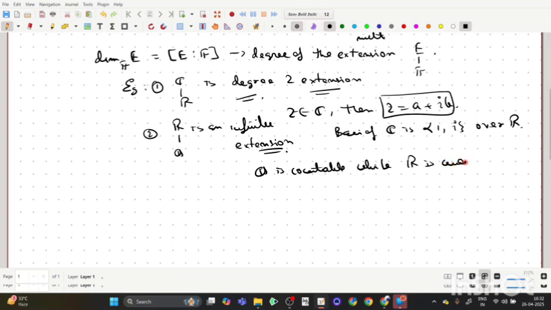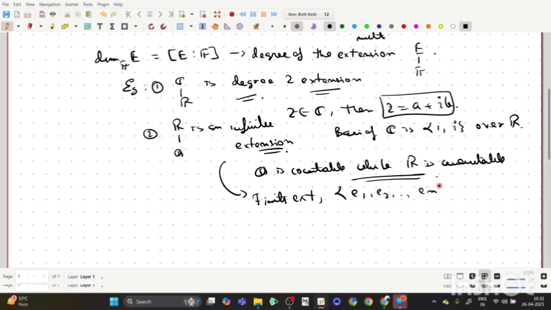Why is this fact necessary? Because if this was a finite extension, then we would get a basis, say e1, e2 till en in R, so that every element x can be written as a1 times e1 and so on till an times en, where each ai comes from Q.